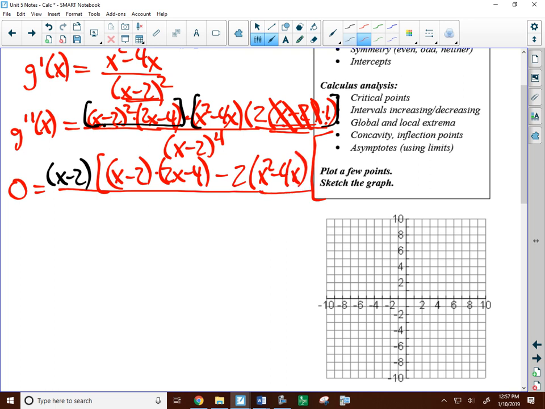You could have already simplified that if you wanted. And then on the bottom is x minus 2 to the 4th. The reason I showed you, sometimes I just cancel that, but I wanted to show you what I'm really doing. Factoring out a numerator GCF, x minus 2.